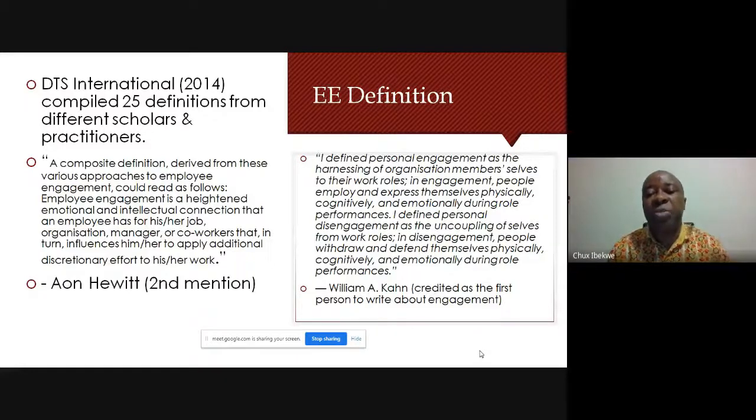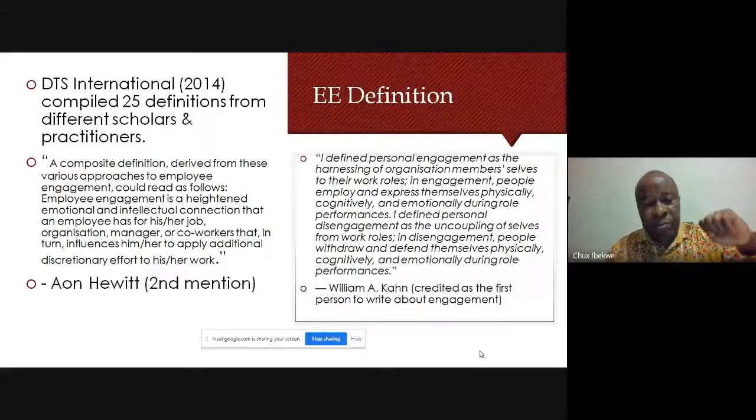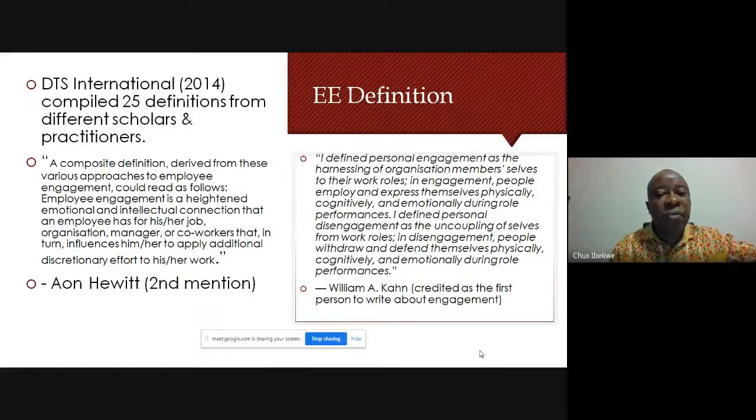Employee engagement is a heightened emotional and intellectual connection that an employee has for his or her job, for the organization, for the manager he or she is working under, or co-workers, that in turn influences him or her to apply additional discretionary effort to his or her work.